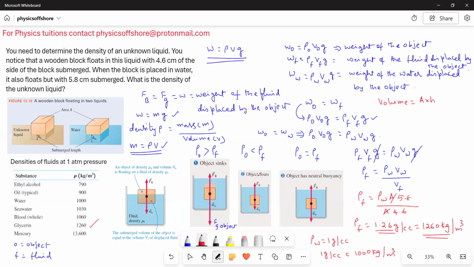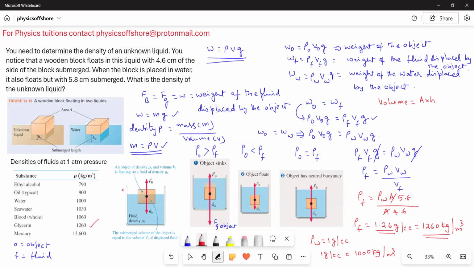When the density of the object is less than the density of the fluid, it floats. And third, when the density of the object is equal to the density of the fluid, it suspends in the fluid and stays like that. That means it is in static equilibrium.